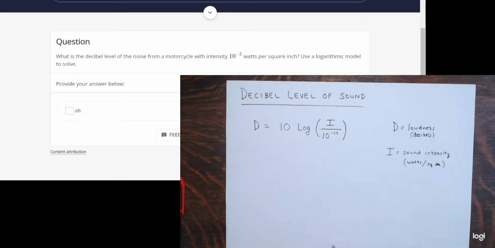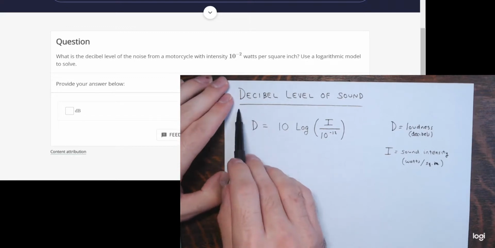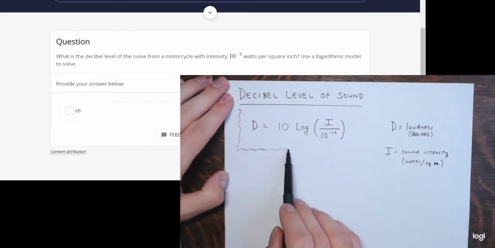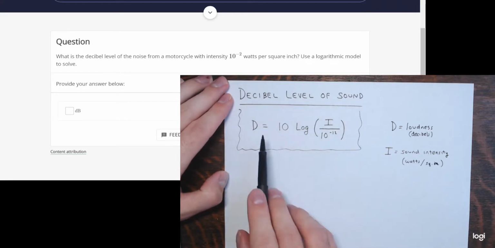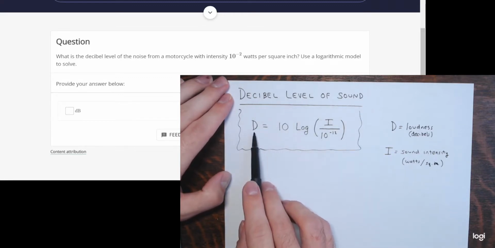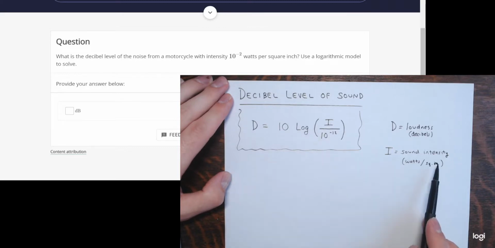All right, so when you click on more instruction in the assignment or go back through your reading, you'll notice this formula brought up to you, talking about the decibel level of sound. And here's a formula relating the decibel level of sound to the intensity of that sound in watts per square meter, or watts per square inch.